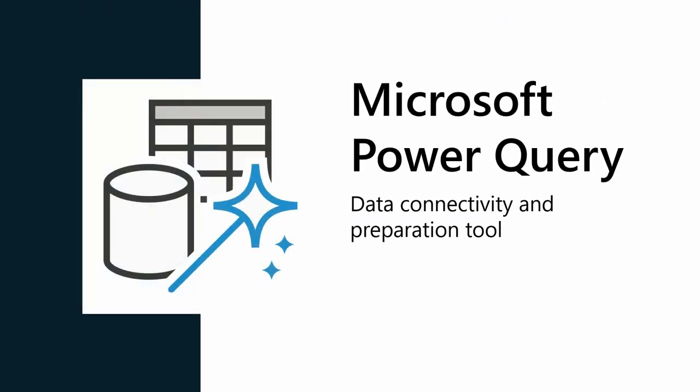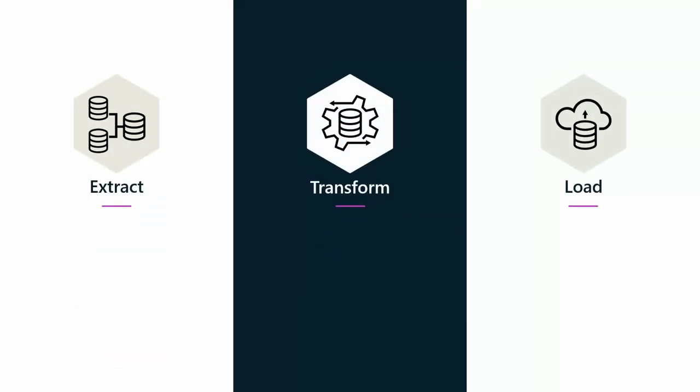In the final part of the week, you explored Microsoft Power Query in Power BI, a data connectivity and preparation tool that handles the ETL process. You should now understand how Power Query helps in connecting to multiple data sources, cleaning and transforming data, automating data preparation tasks, and creating structured and collaborative workflows.